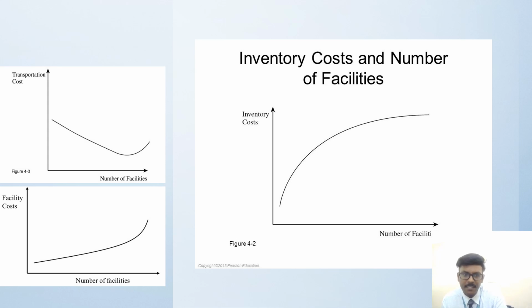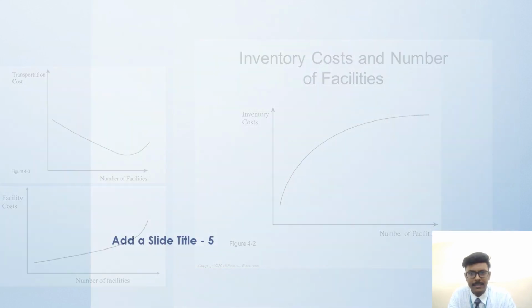As the number of facilities increases, facility cost is also going to increase. And transportation cost is somewhat reduced because as we increase facilities, we don't need to bother about transportation so much. Up to a certain point, the transportation cost will be low when we increase the number of facilities. These are depicted in the graph. That's all for today.